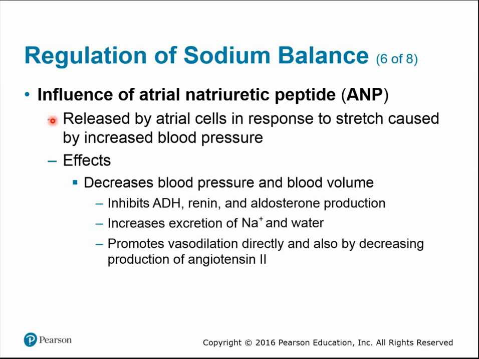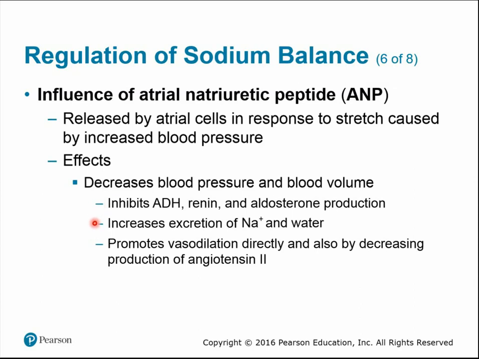The higher the blood pressure, the more force and pressure it's exerting against the walls of the atria. So we have those stretch receptors or baroreceptors that monitor the blood pressure through how much the atria is being stretched. When the atria release ANP, it's going to cause a decrease in the blood pressure and blood volume by inhibiting that ADH and aldosterone production.